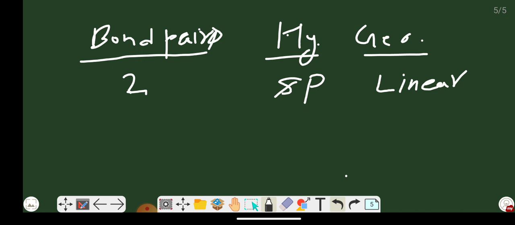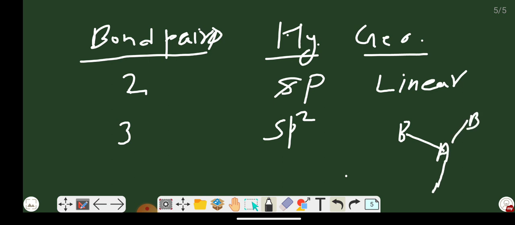Now if the molecule has three bond pairs, then the hybridization is sp2 and the geometry is trigonal planar, like this. The molecule has trigonal planar geometry.